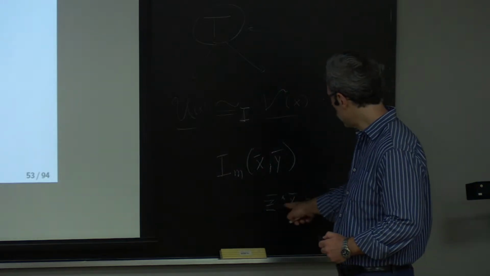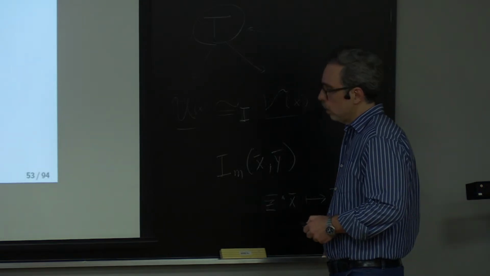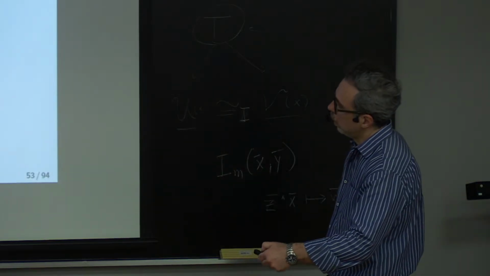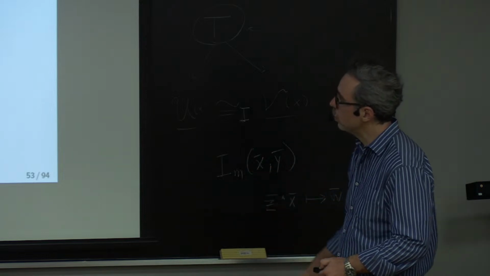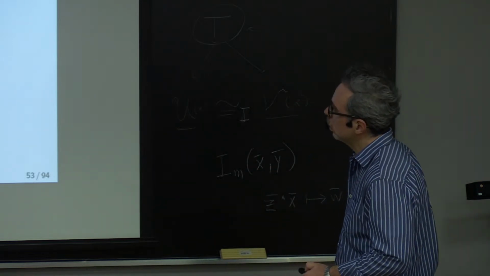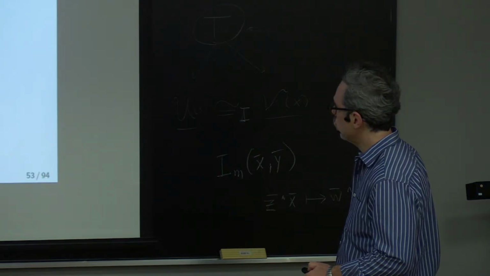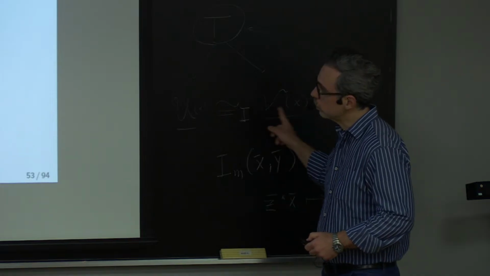This map is a partial isomorphism, and so if this holds, then x bar is in U and y bar is in V. Partial isomorphism.